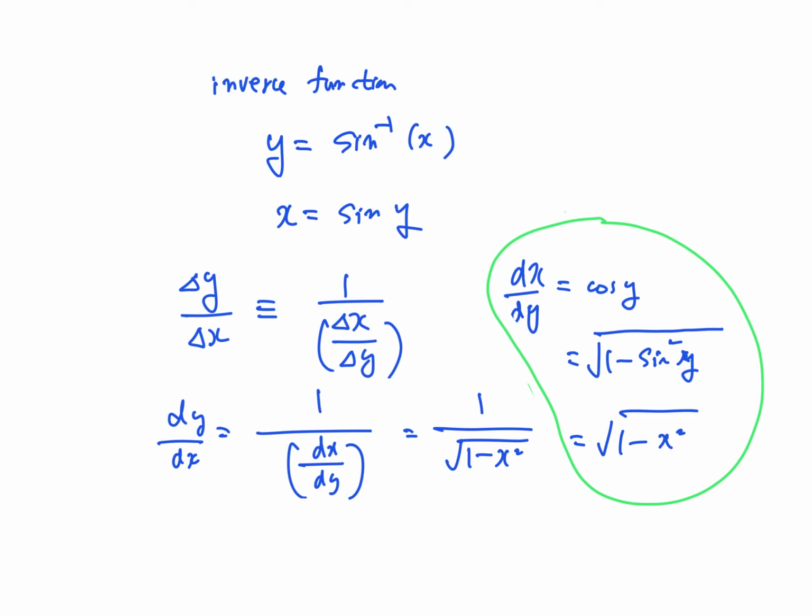So actually, the derivative of an inverse is very easy. You just take the inverse of delta x over delta y. This is possible because the derivative is basically the ratio of the change of the function divided by the change of x, right? So you can make an inverse.